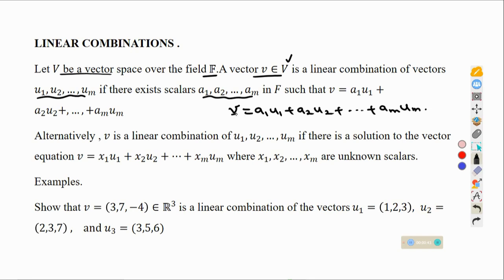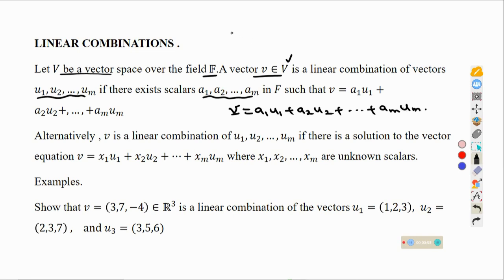So if you are able to write v as a combination of the scalars with these vectors, then we shall be able to say that v is a linear combination of vectors u1, u2 up to um.